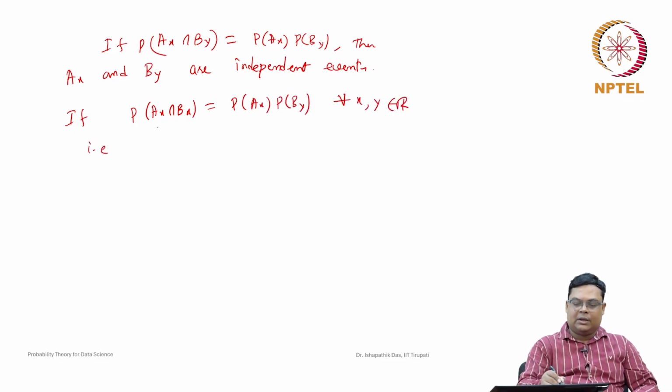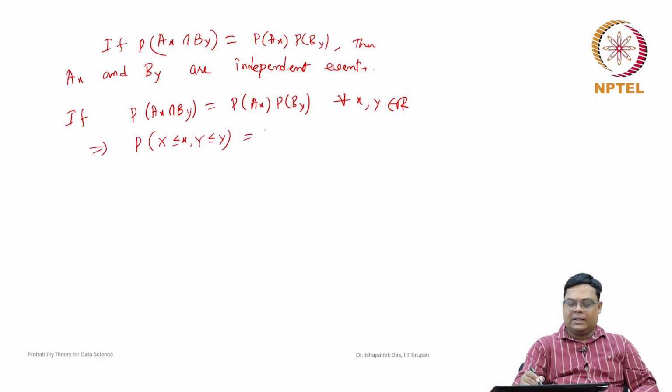That means, what is Ax intersection By? This is nothing but the probability that X ≤ x, Y ≤ y. So this implies that this is nothing but the probability that X ≤ x times the probability that Y ≤ y, for all x, y belonging to R.